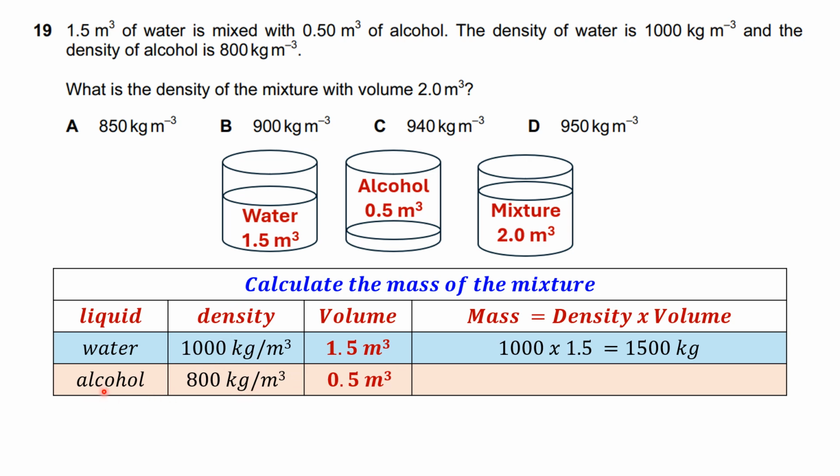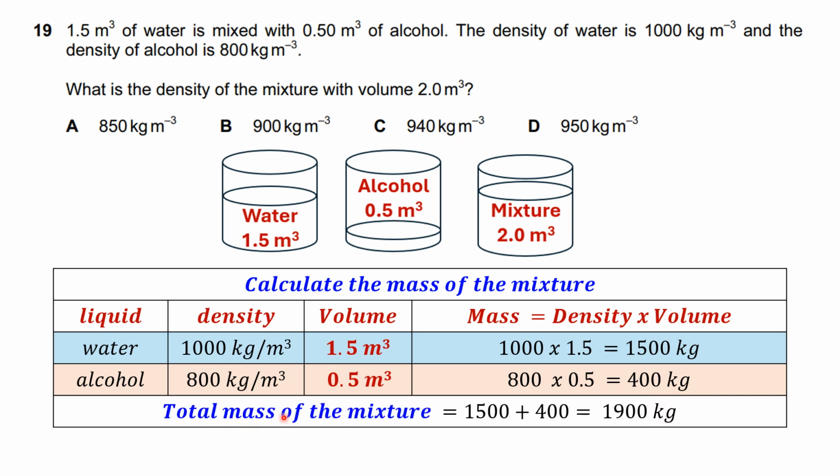Now the density of the alcohol is 800. The volume of the alcohol is 0.5. And the product is 400 kilograms. So the total mass of the mixture is the mass of the water plus the mass of the alcohol, which is 1,900 kilograms.